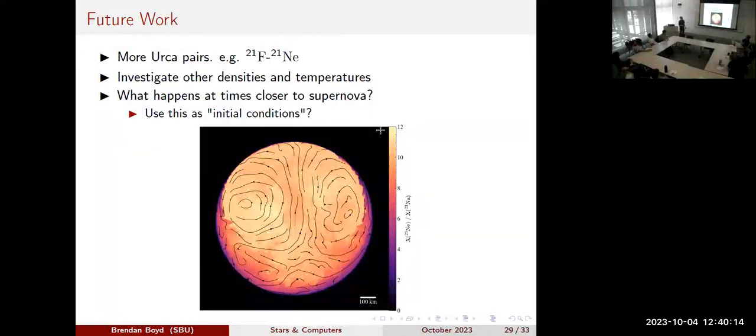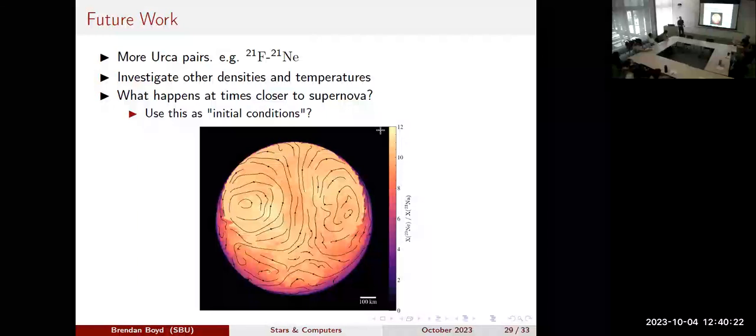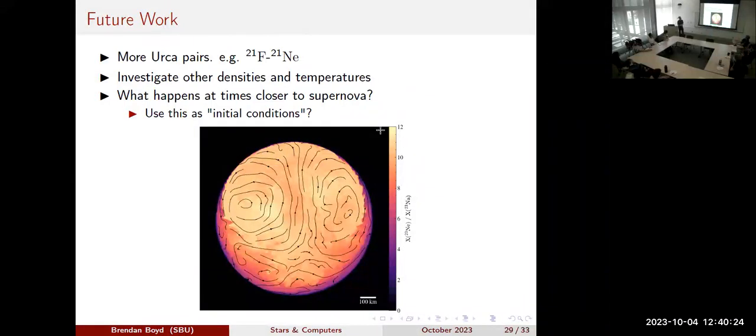The Urca pair that I've been showing, this neon and sodium, is not the only one that exists in these white dwarfs. So there's always a possibility of including more, like fluorine and neon-21. And looking at different temperatures and densities, because as I said, we looked at just a little snapshot into the lifetime of the simmering phase.